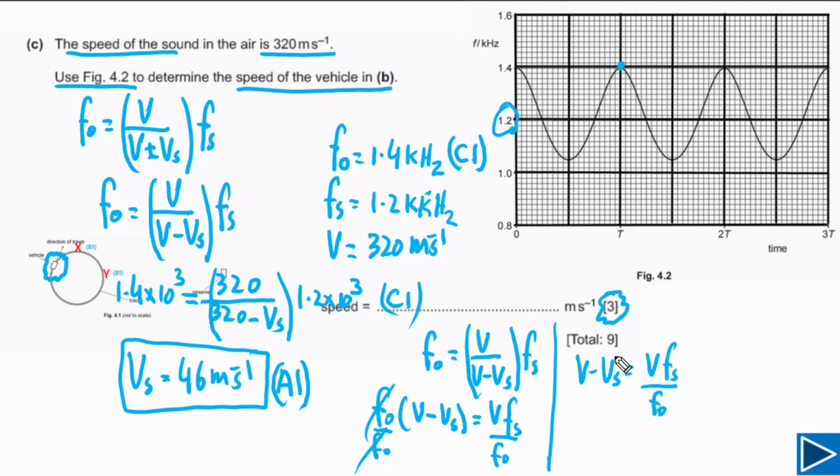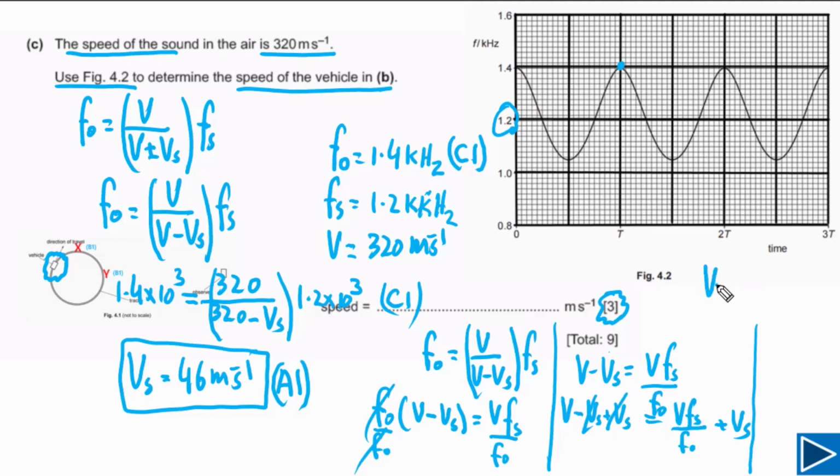We need v_s now. So v minus v_s, you can add v_s here, so you have to add v_s on the other side as well. So you can see v_s plus minus cancels. Now we have v_s here, but v f_s over f0 is here, so we can move this one to the left.